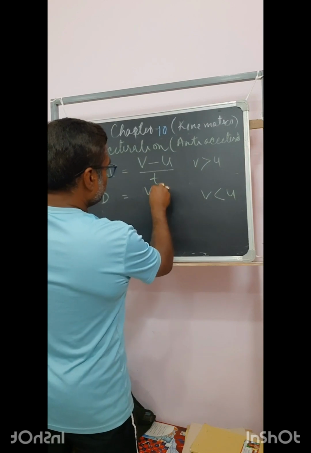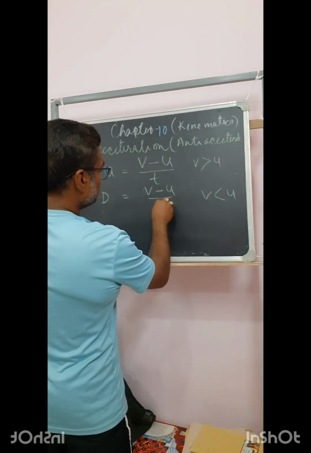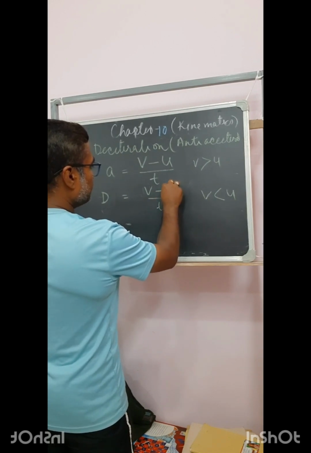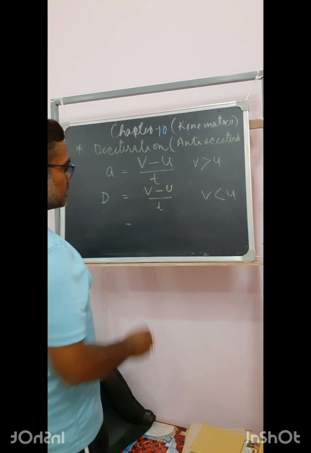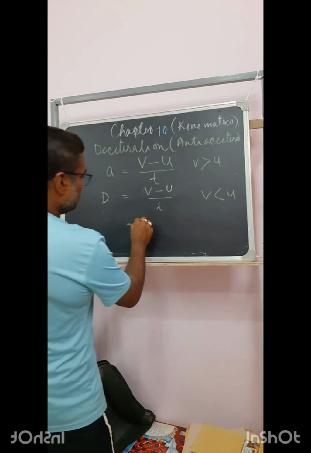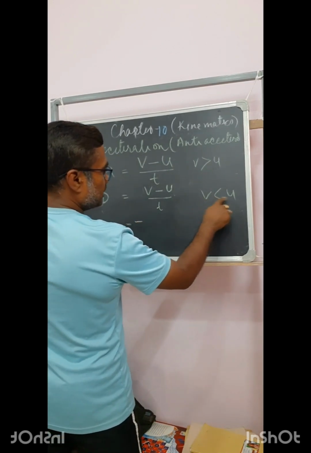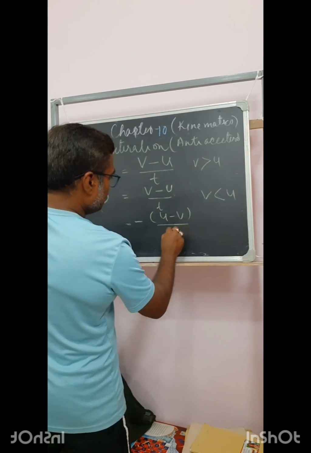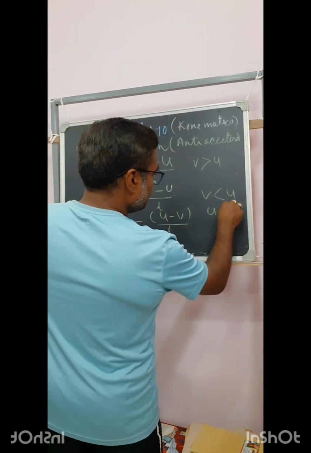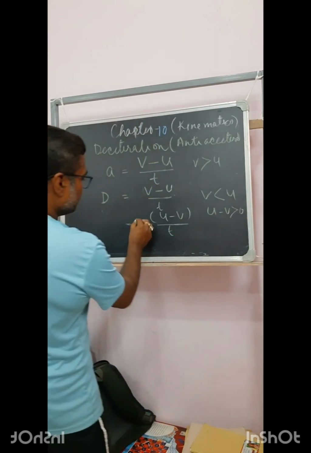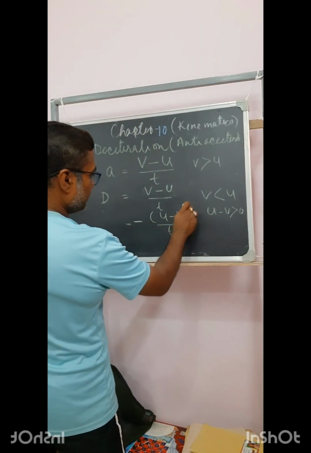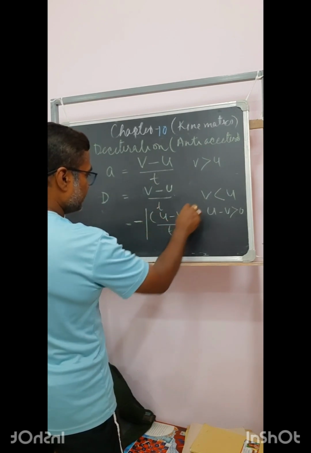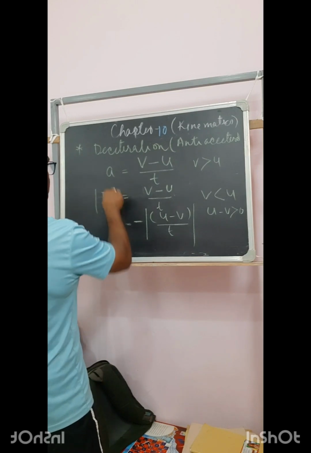So if I put it like that, after the numerical calculation, what value will we get? We will always get a negative value, because if v is less than u, then definitely u minus v will be greater than 0. u minus v will be greater than 0. So if I take minus common, this will be positive by 2.